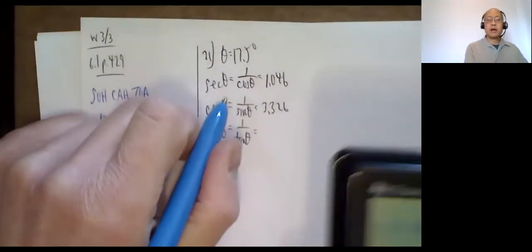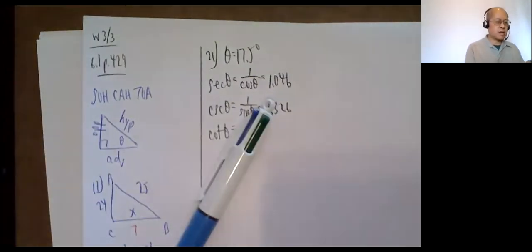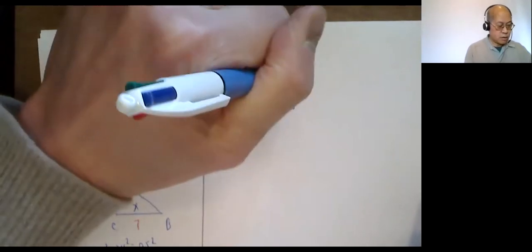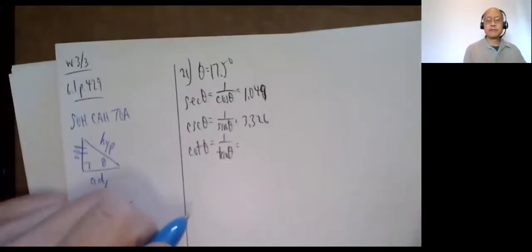I messed up on here. It didn't give me 17.5, it just had 17. So let me do that again, sorry. 1 divided by cosine 17.5 is what I want. 1.049. Okay, so it's a little bit off.